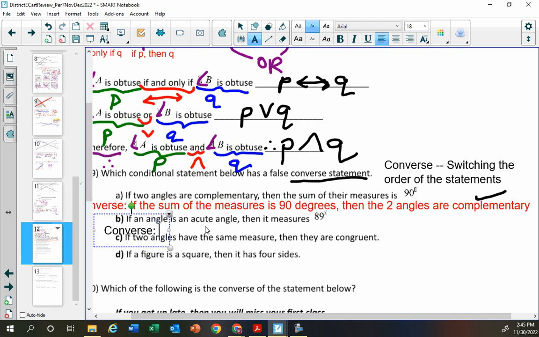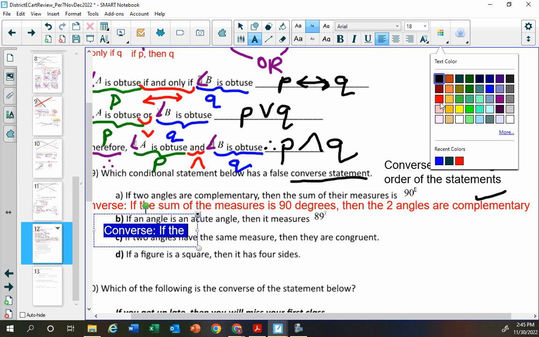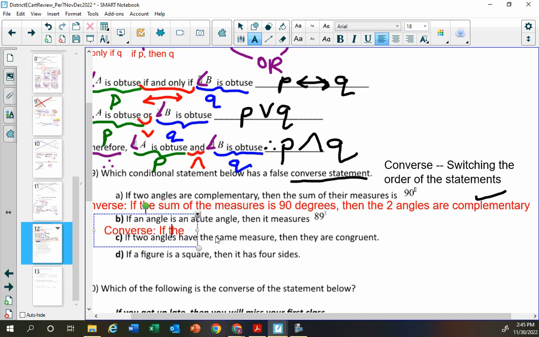What about the second one? What am I going to put first for the second example?